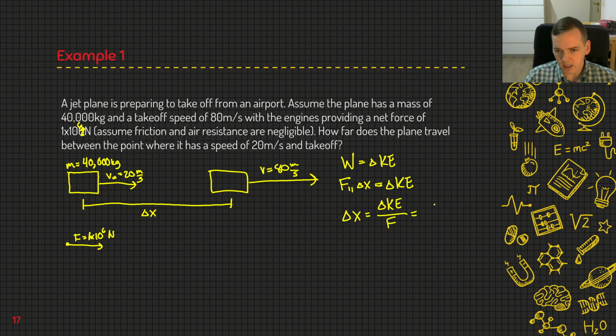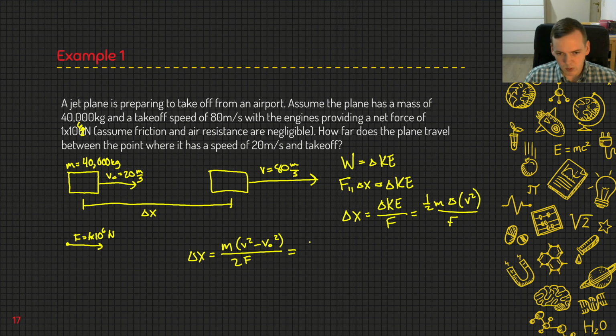Change in KE I know is 1/2 m times the change in v squared. So delta x is equal to m times v squared minus v initial squared divided by 2F, just doing some algebraic rearrangement.